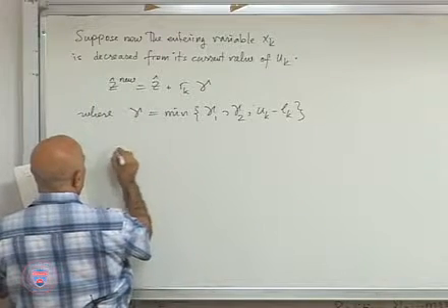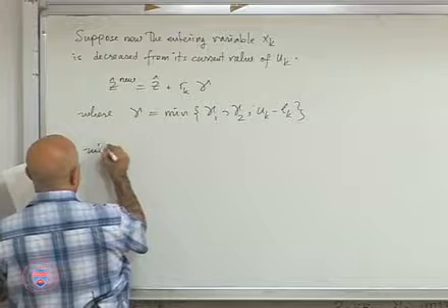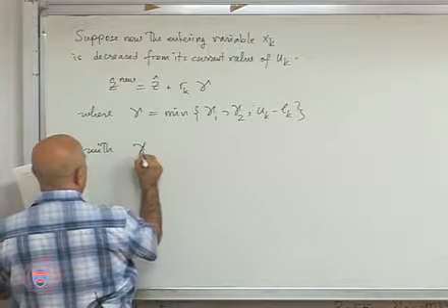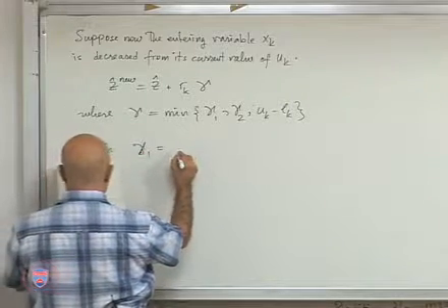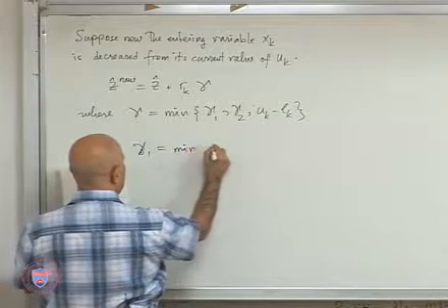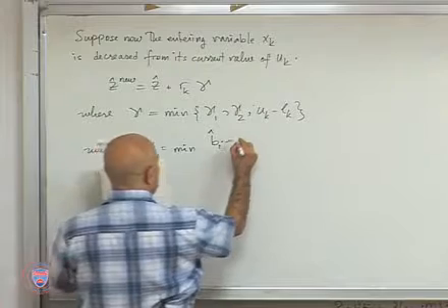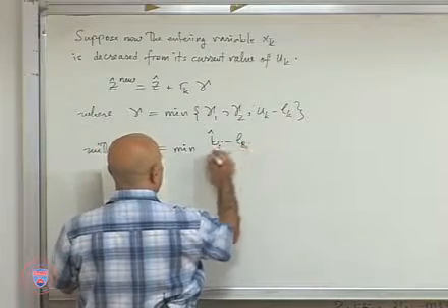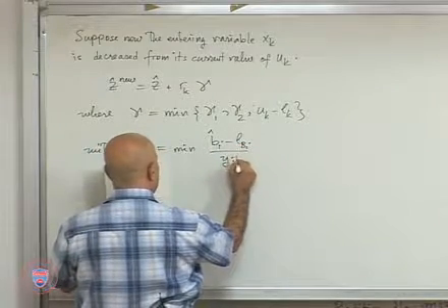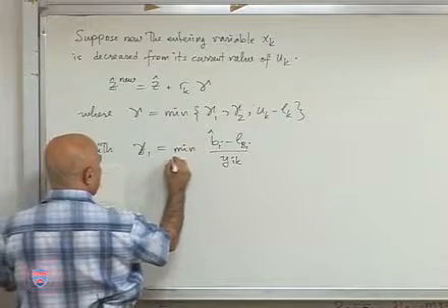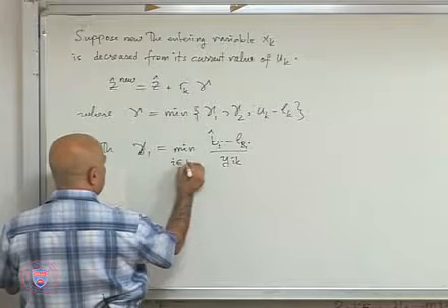Where gamma 1 is still defined by the minimum of the ratios bi cap minus lbi divided by yik for i coming from minus.